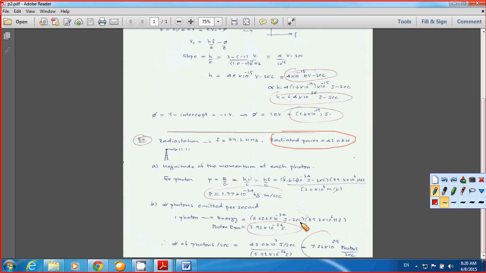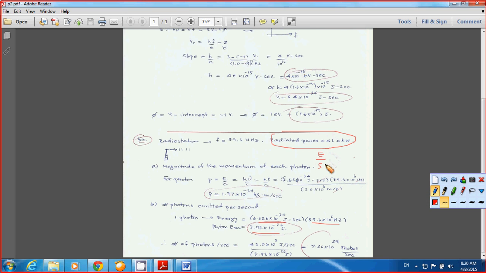This is h in joule second, and this is the frequency. So one photon has energy 5.92 × 10^-26 joule. They give you the term in power. Power is simply energy per second, so the unit is joule per second.